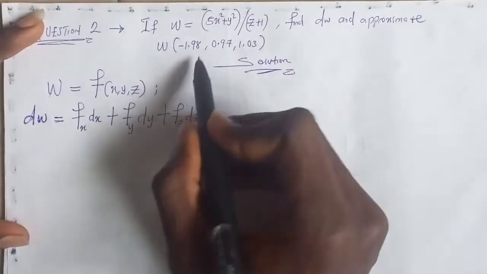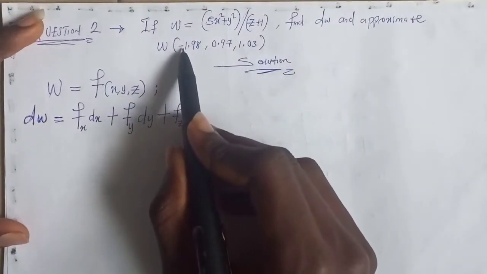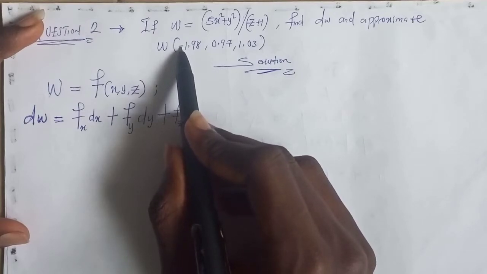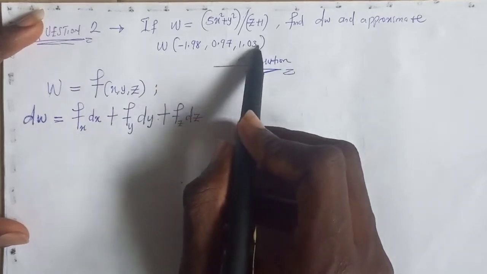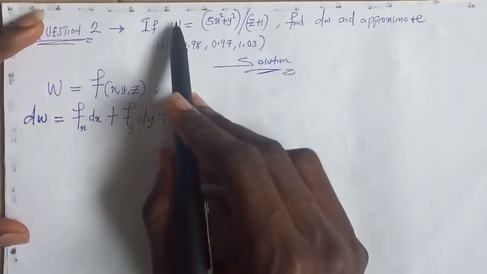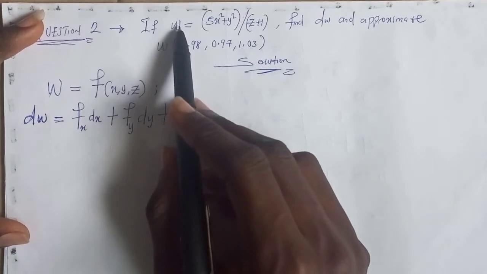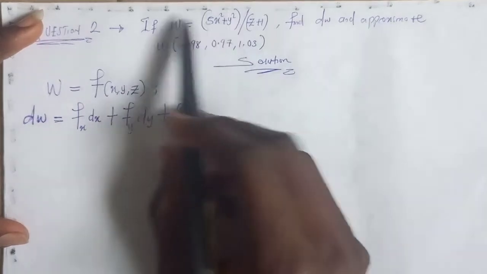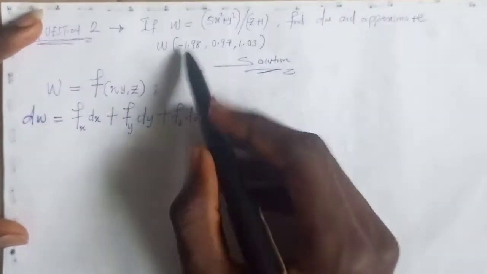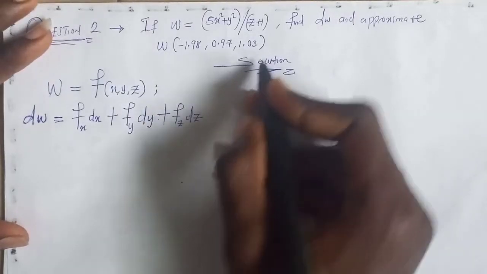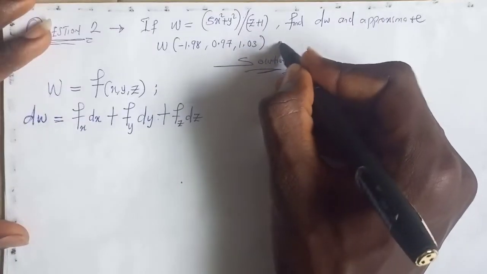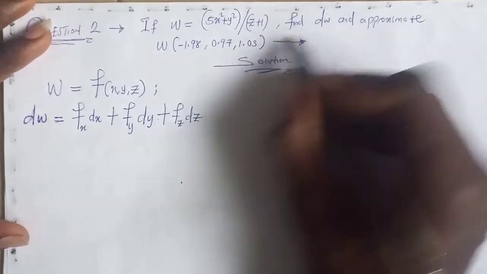But here it is clearly seen that we only have the values for x, which is minus 1.98, 0.97, and 1.03. Initially, we don't know the points for x, y, and z from the beginning, but all we have is this final point. So we can make a relation like this.